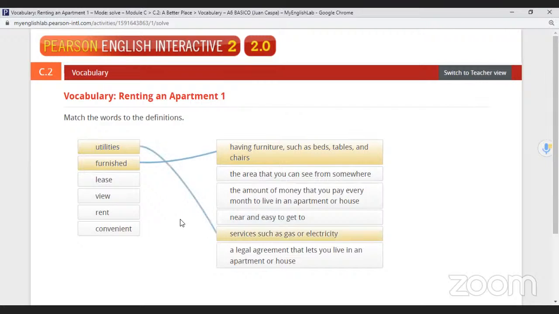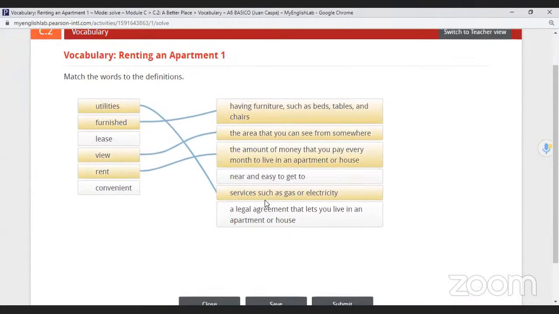Electricity, gas, and what about view? The area that you can see from somewhere. Yes. And rent. The amount of money that you pay every month to live in an apartment or house.